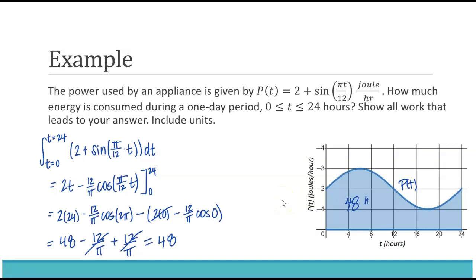So if we multiply hours times joules per hour, the units that cancel are hours. So we're left with joules, which is a measure of energy, and that's what we're being asked for, how much energy is consumed. So 48 joules is our final answer.